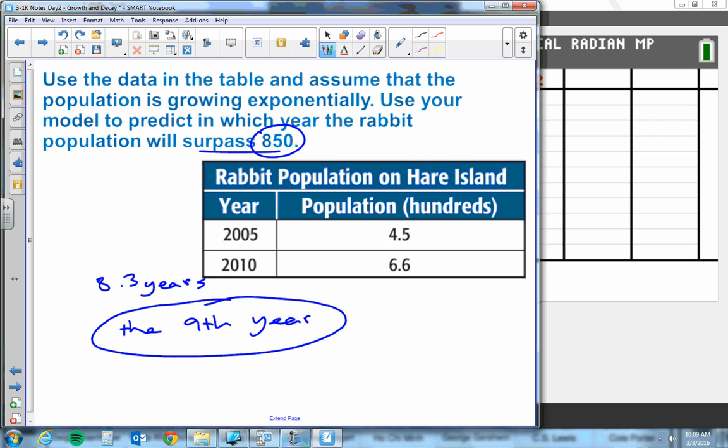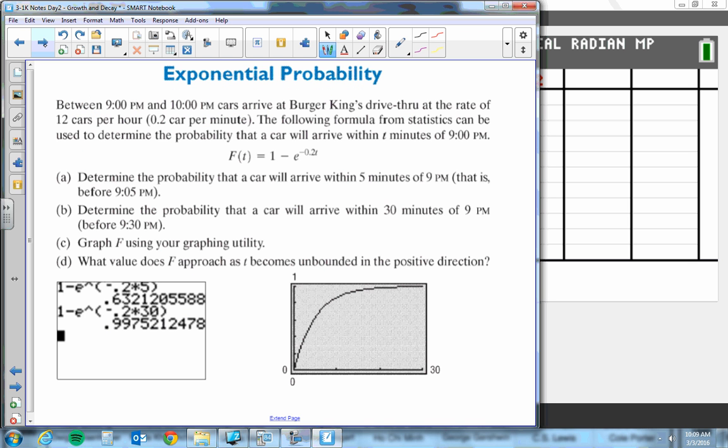I did want to show you, I forgot about this. This example we're not going to do, but you just see this formula. I don't know when this was made, but at some point they calculated this as a prediction of the likelihood of having a customer drive up within the next so many minutes.